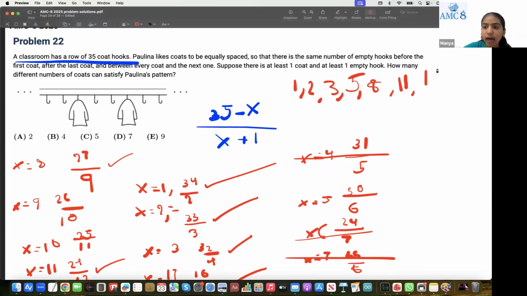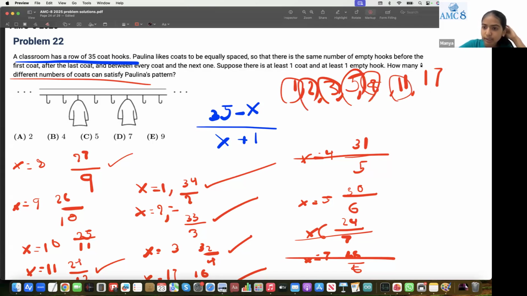Now they're asking us how many different codes can satisfy Paulina's pattern. So we have 1, 2, 3, 4, 5, 6, and 7. Therefore, our answer would be D, 7.